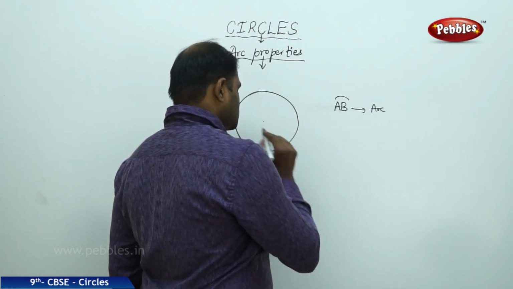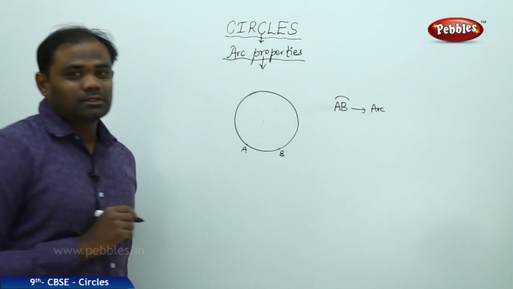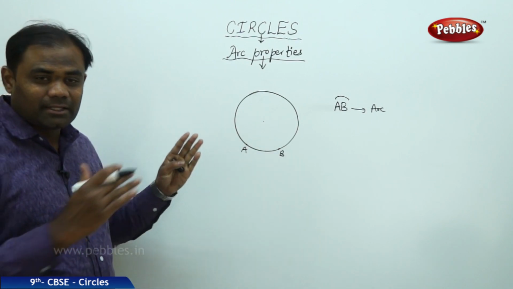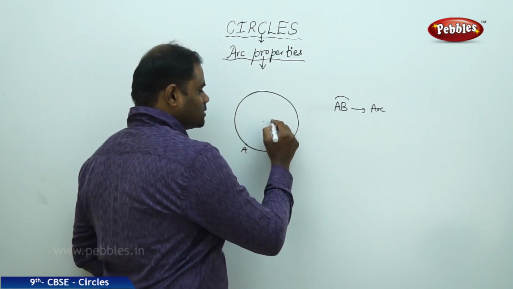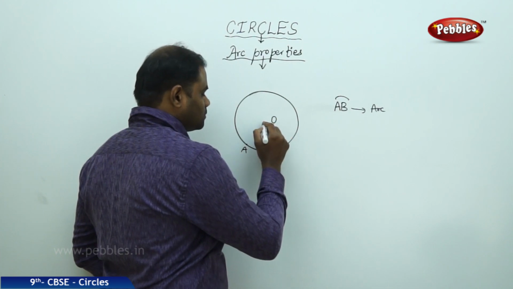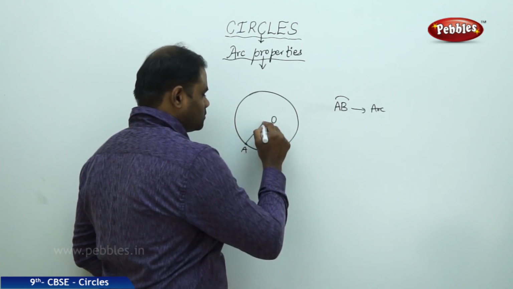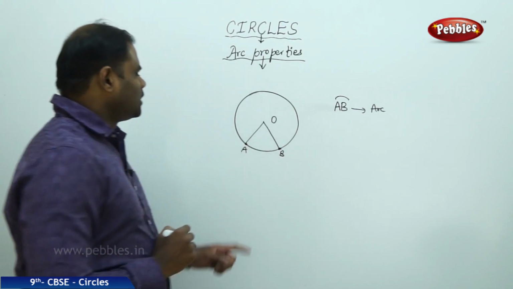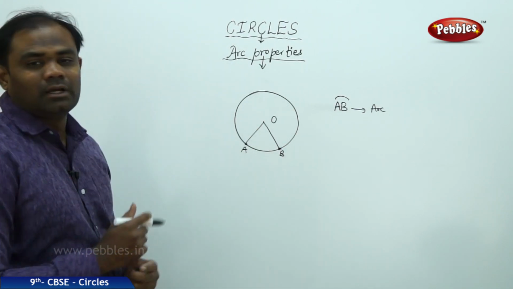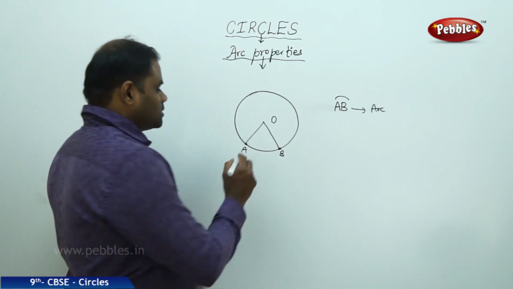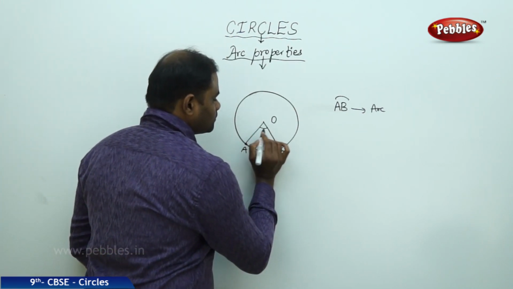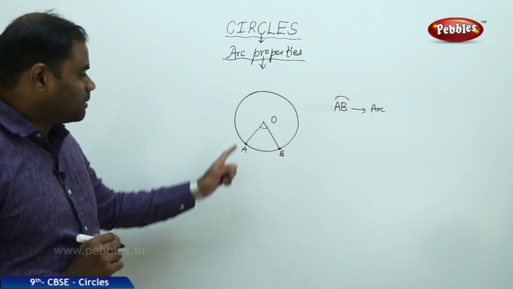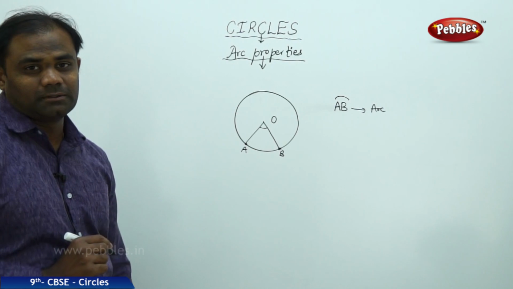Now for this arc AB, the property says that the angle subtended by this arc AB at the center, say this is the center, will be double the angle subtended by the same arc at any part of the circle.